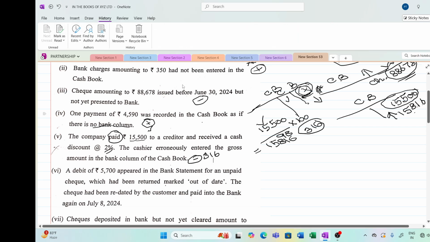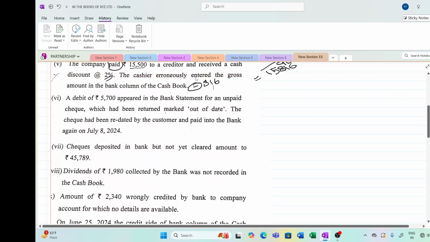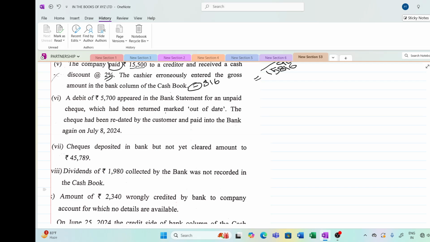Now, next one is a debit of 5,700 appeared in the bank statement. You should understand word by word. Debit in the bank statement means bank has reduced our balance, in other words, increased our overdraft. Clear? Any debit means they have taken the amount from our account, so that is an overdraft in this case.